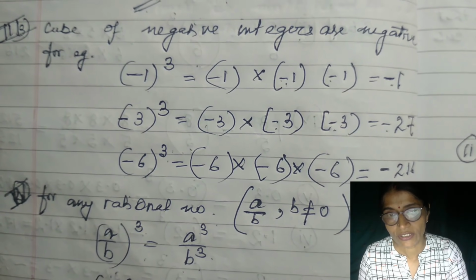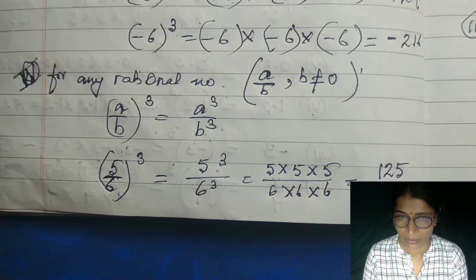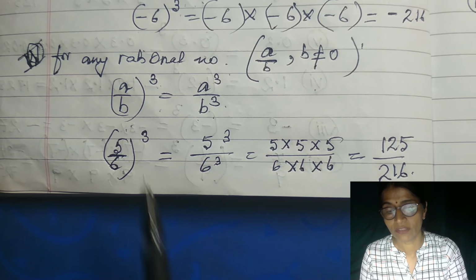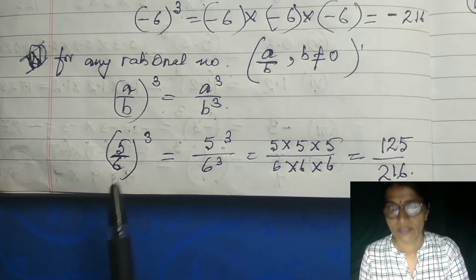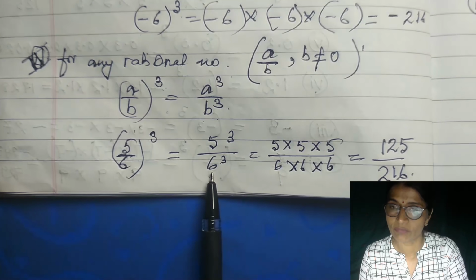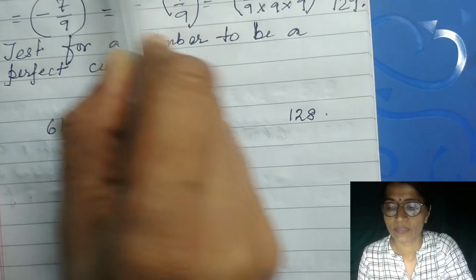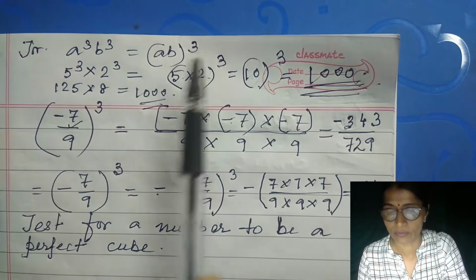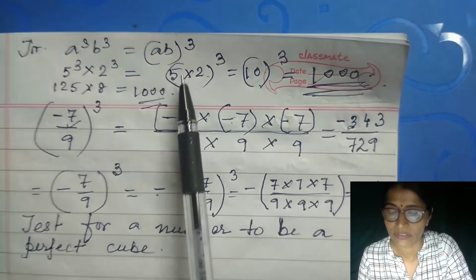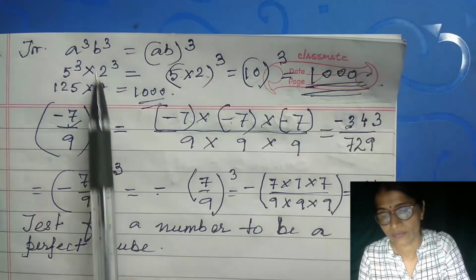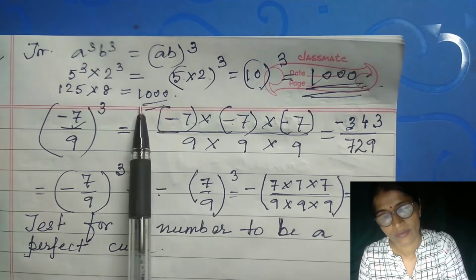And if a rational number is in the form a by b, where b is not equal to 0, such as 5 by 6 whole cube, then we have to find the cube of the numerator as well as the cube of the denominator. Or if it is a cube times b cube, then it is equal to ab whole cube, or 5 cube into 2 cube is equal to 5 into 2 whole cube, and it will come to 1000. I can do it separately also, then it will be 1000.